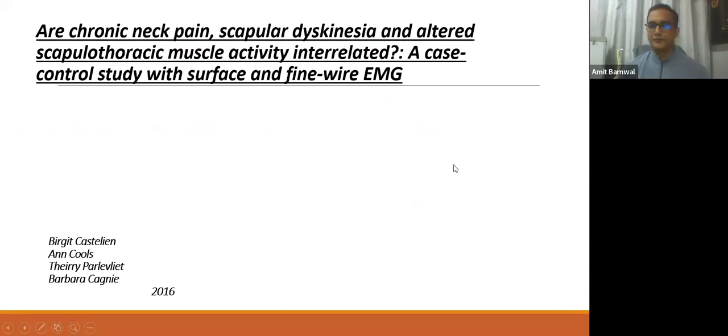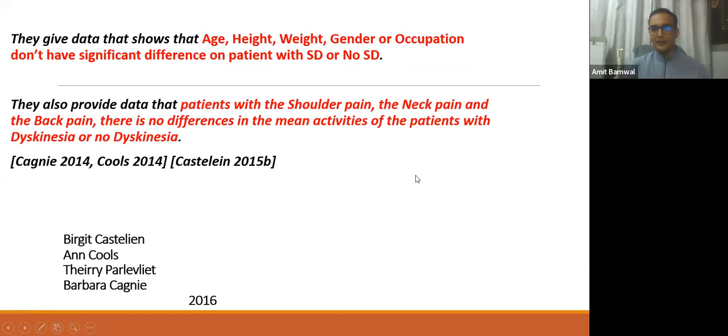They found that there was no link between age, height, weight, gender, or occupation of the patient, whether they are present with scapular dyskinesia or not. They found that we have to look at the scapular region if a patient is coming with shoulder pain, neck pain, or back pain. We have to work on the scapular motion, scapular position.